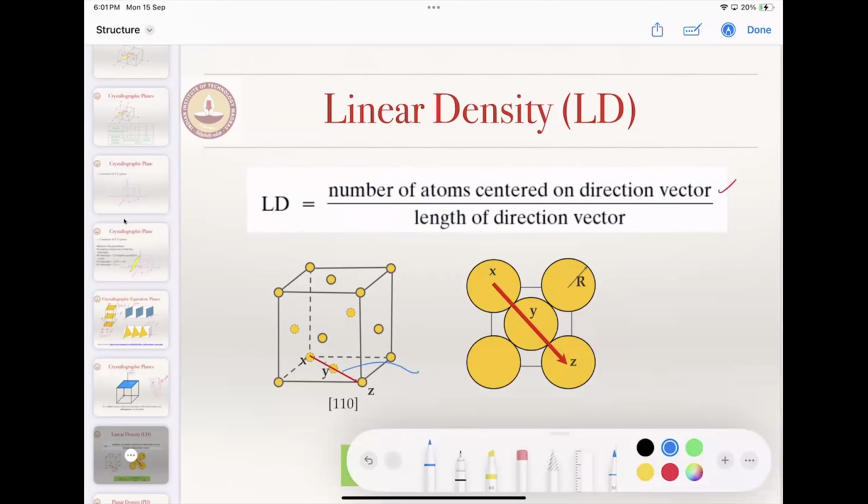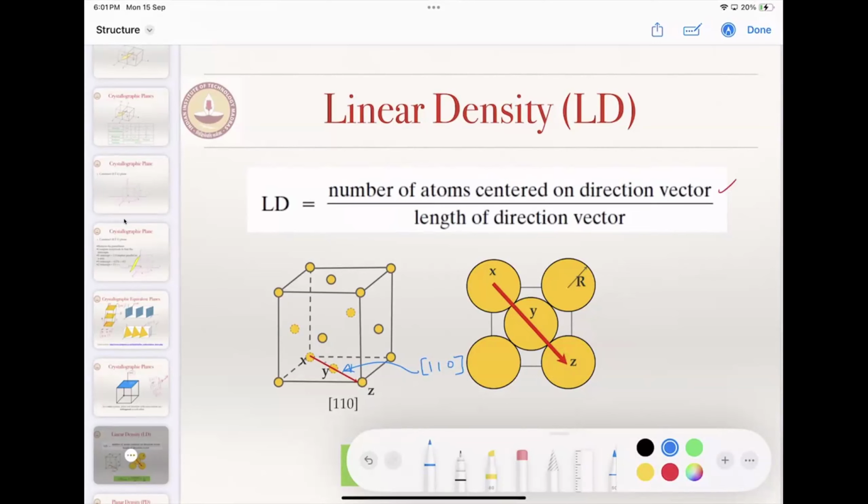What is the direction, by the way? Is it clear that that is the 110 direction? Along the XY plane, therefore 0 on Z. 110. So there is no ambiguity whatsoever, right?